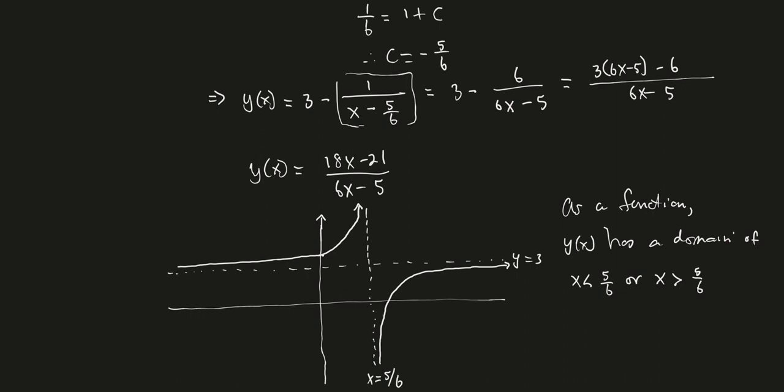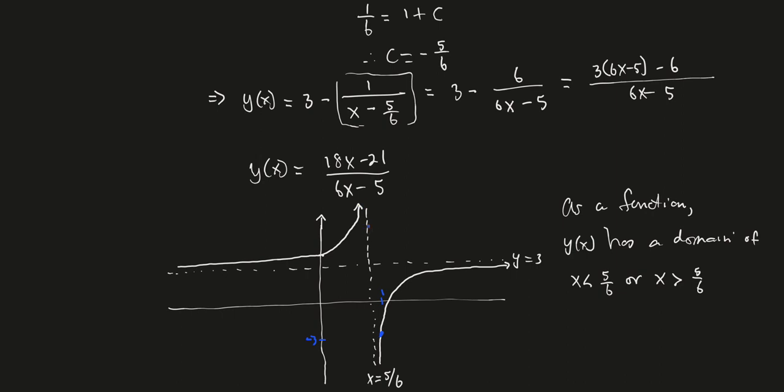So 1, negative 3 is somewhere here. I'm just going to say that this is x equals 1, and this is y equals negative 3.